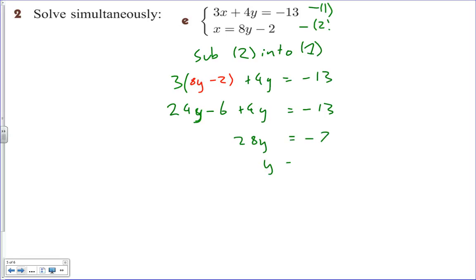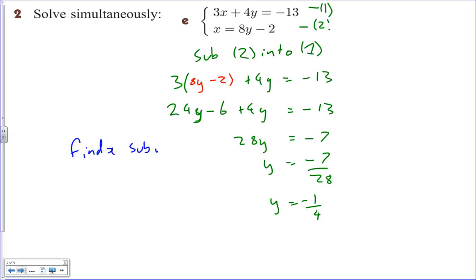So y equals negative 7 on 28. So y equals negative 1, and 7s into 28 go 4. So negative 1/4. So find x.